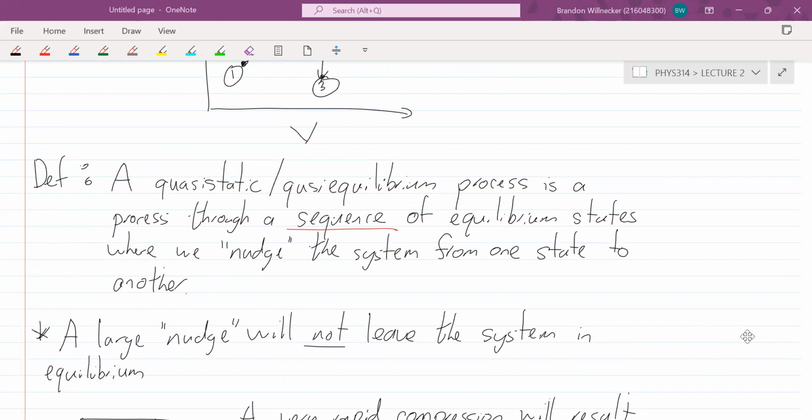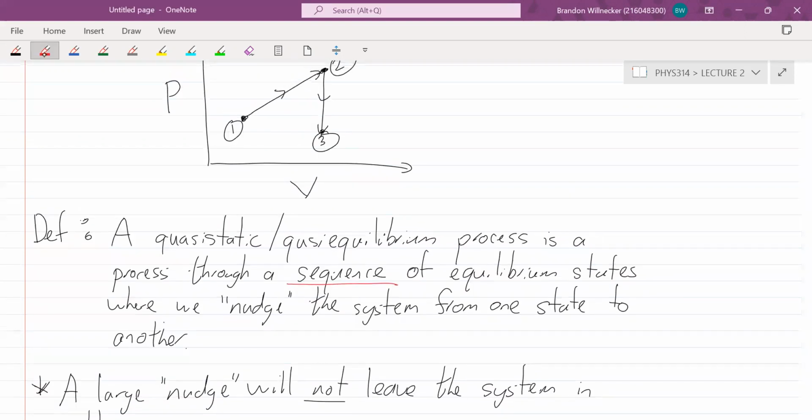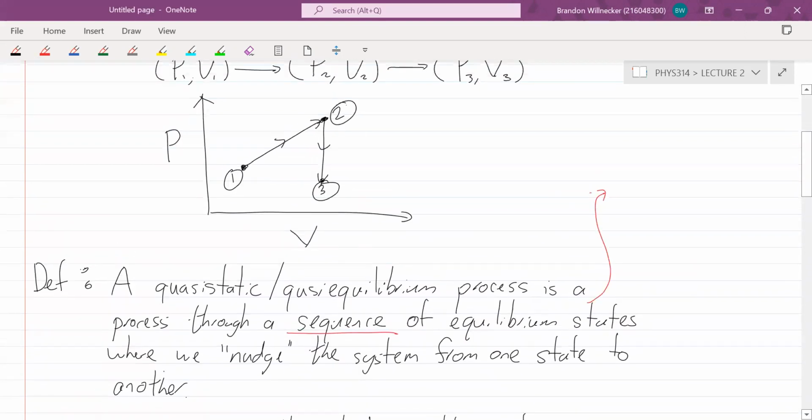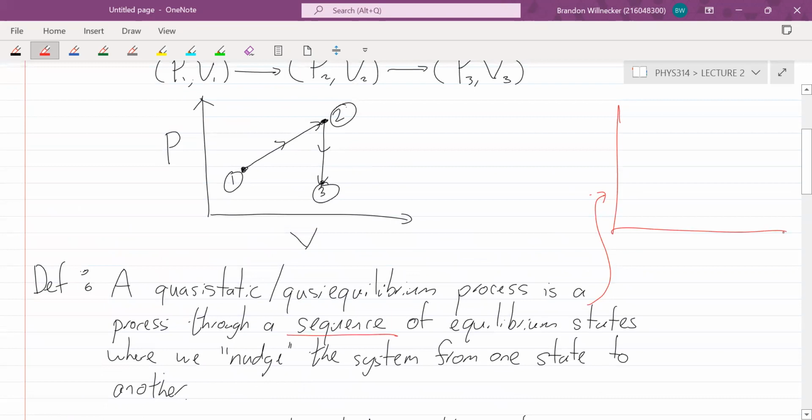And remember, the macro states need to be equilibrium states. So quasi-static just means in our PV space, we go from one to another like that. All the points in our PV space are equilibrium states, so any path that we draw will then be a quasi-static process.